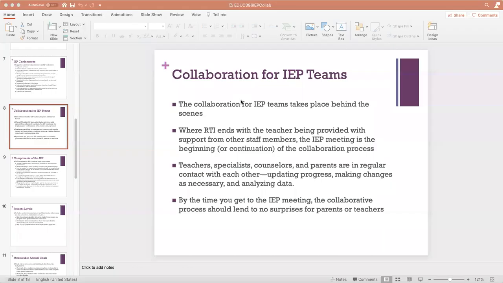So as we look at this slide and that first bullet point, that the collaboration for the IEP team takes place behind the scenes, that's a little bit misleading.